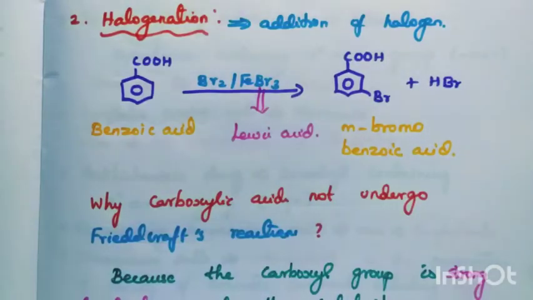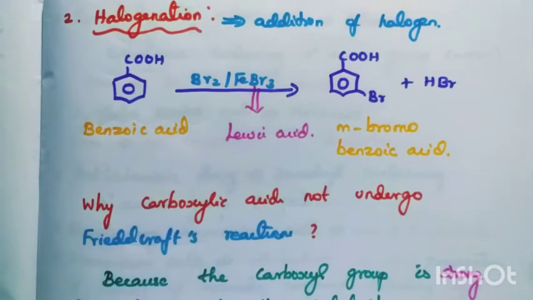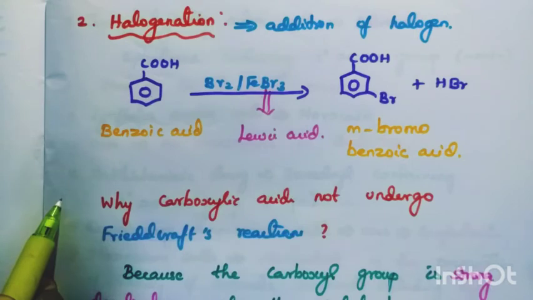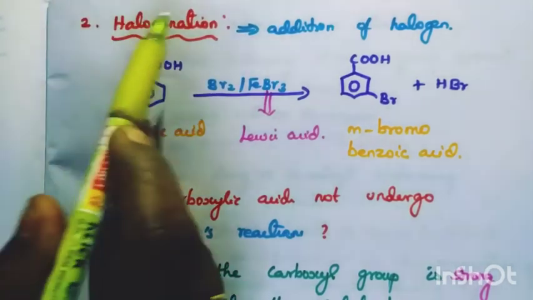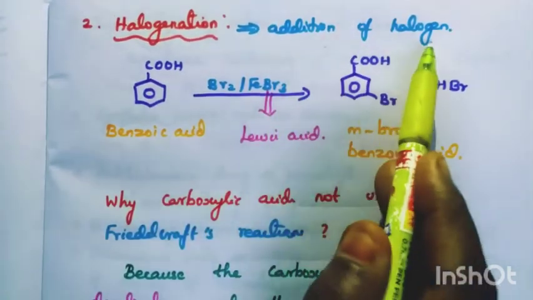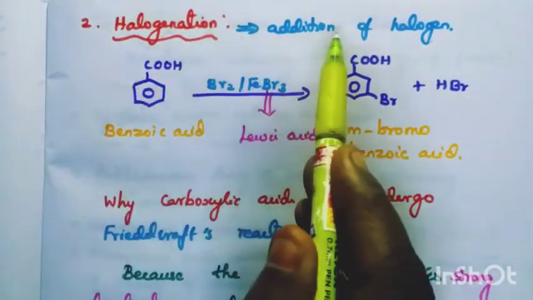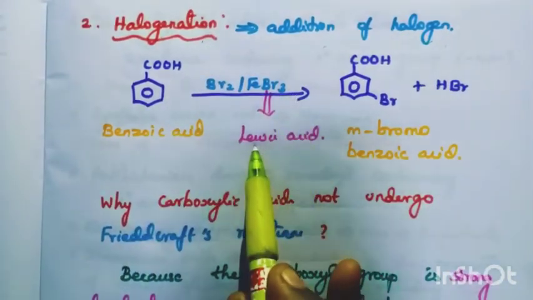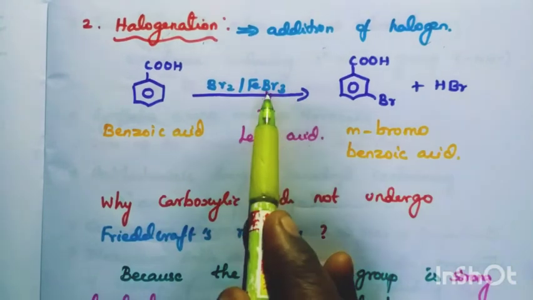The next reaction is halogenation. We already saw this with acetic acid or propionic acid, no? Now, halogenation in the ring of benzoic acid. Halogenation means addition of a halogen. In the ring, the reaction takes place in the presence of a Lewis acid, that is ferric bromide.